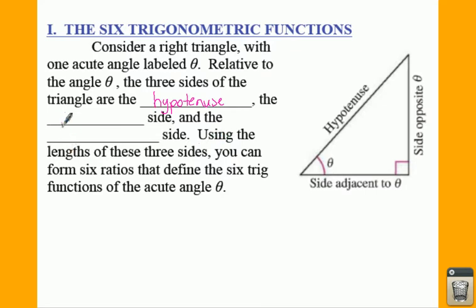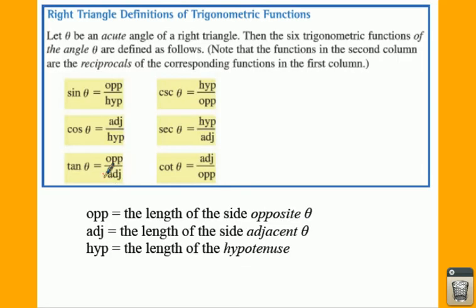You're going to have the opposite side, and then you're also going to have the adjacent side. So, what we're going to be able to do is use our hypotenuse, our HYP, our opposite side, and our adjacent side. These will help us find our 6 trig values.